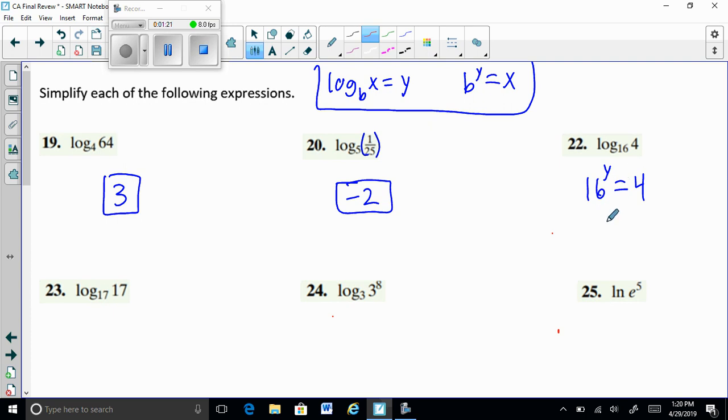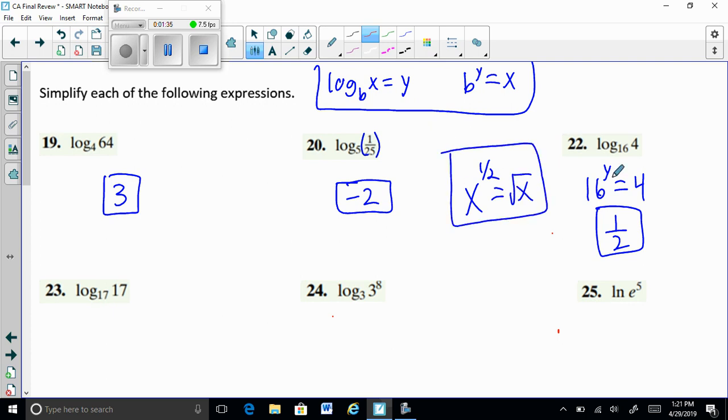So it's actually going to be 1/2. And the reason why is, and you need to know this, if you have some value raised to the 1/2, that's equivalent to square rooting that same value. So you want to make sure you know that. So that 1/2 will cause you to square root 16, which is 4. So we want to make sure we know that.